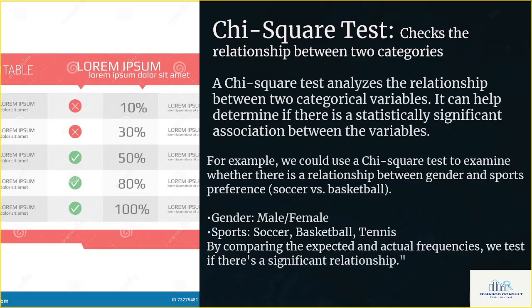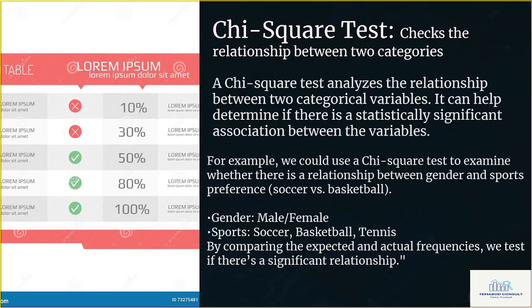So we can categorize the data as male and female, then sports. It's wider and broader in reach. Like I said before, we are looking at categorical variables in this situation. We are not looking at something numerical per se.